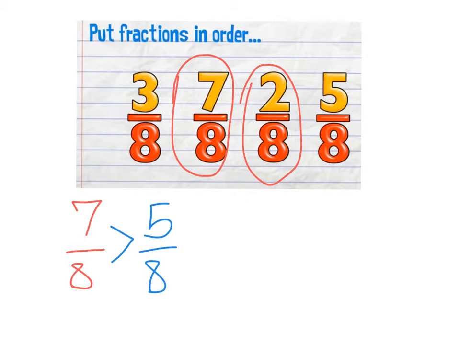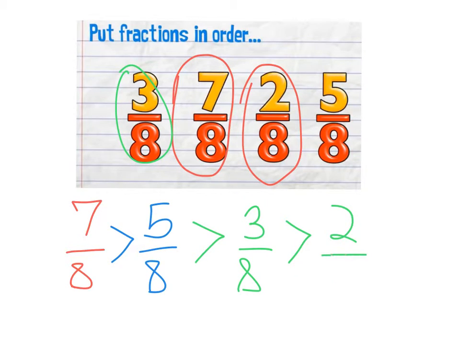Which is greater than 3/8, which is bigger than 2/8, our smallest one. Okay, so here I have 7 pieces out of 8 pieces, 5 pieces out of 8 pieces, 3 pieces out of 8 pieces, and 2 pieces out of 8 pieces. This is our smallest number, so we put it on the smallest side.